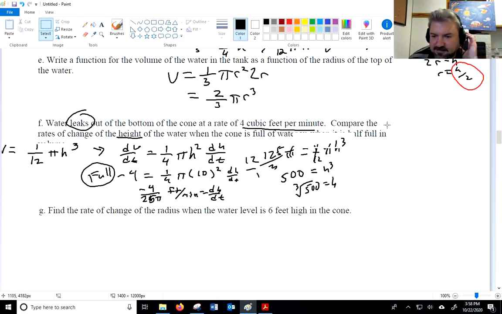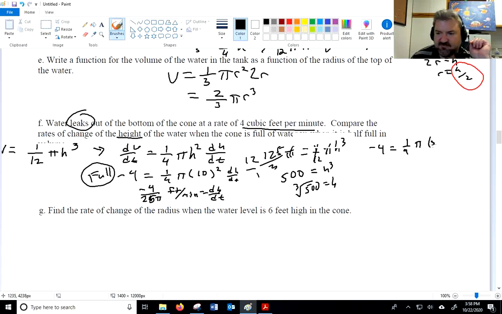All right, so now that I know that I got the cube root of 500 for the height, I need to find the rate of change. So we know that dV/dt, which is negative 4, is equal to 1/4 pi h squared.